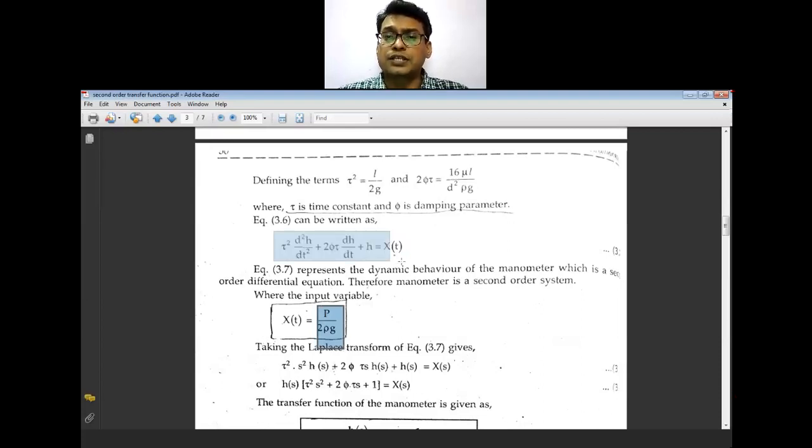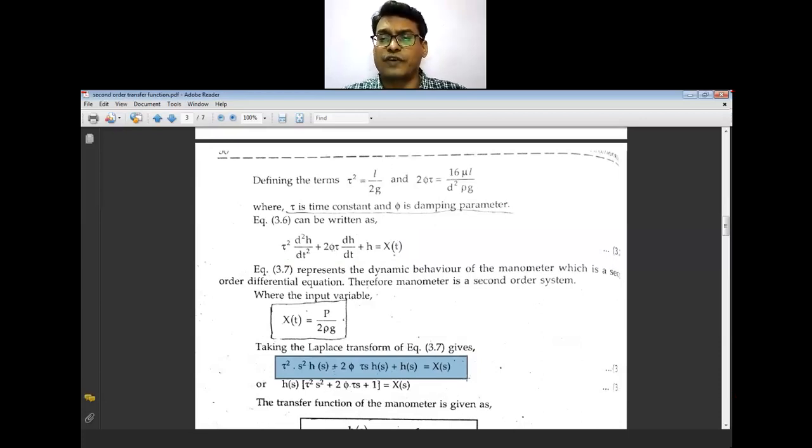So taking the Laplace transform for this, you will get tau square s square H of s plus 2 phi tau s H of s plus H of s, which is equal to X of s.